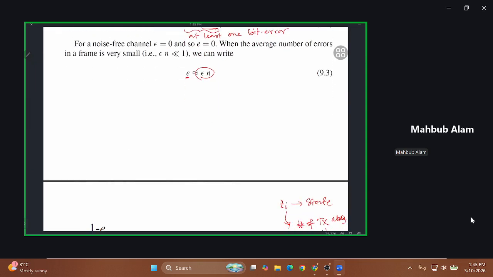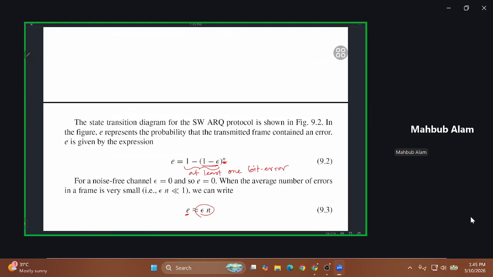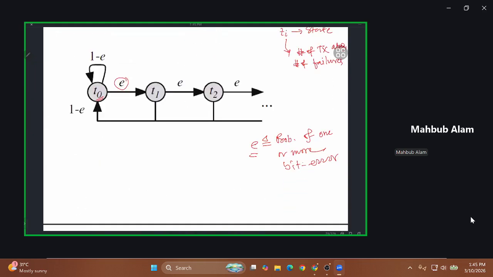Now, the probability that a packet experiences one or more bit errors, that means the packet is corrupted, is E. So when a packet experiences a bit error, the state changes from T0 to T1, that means one failure.